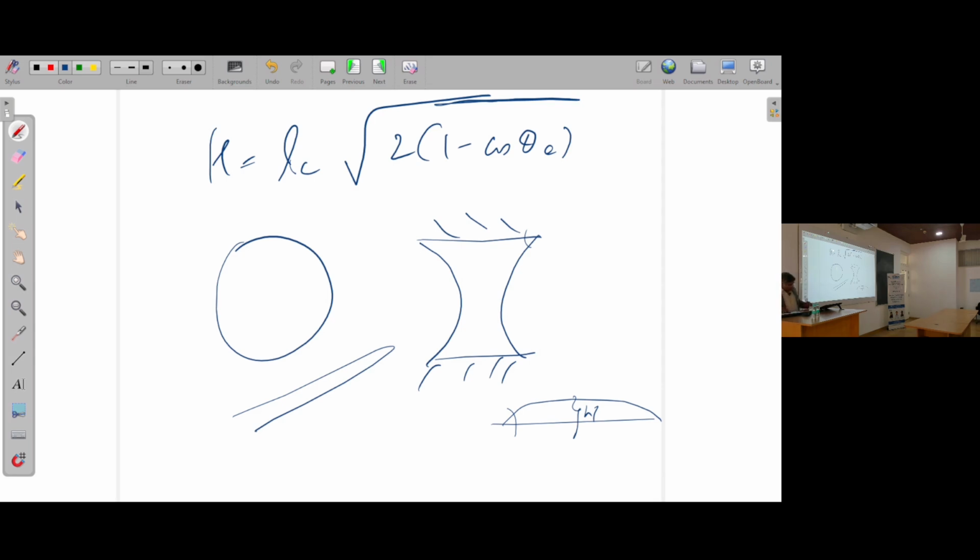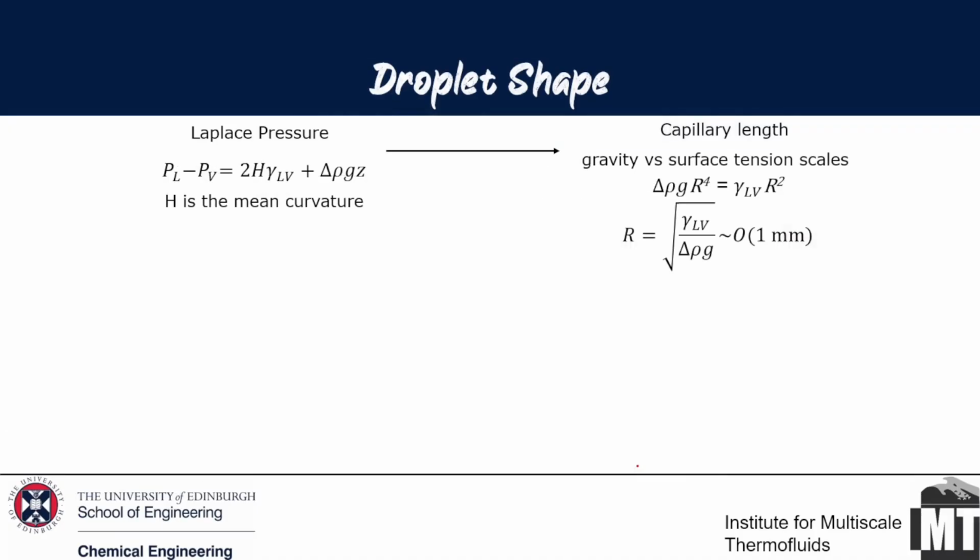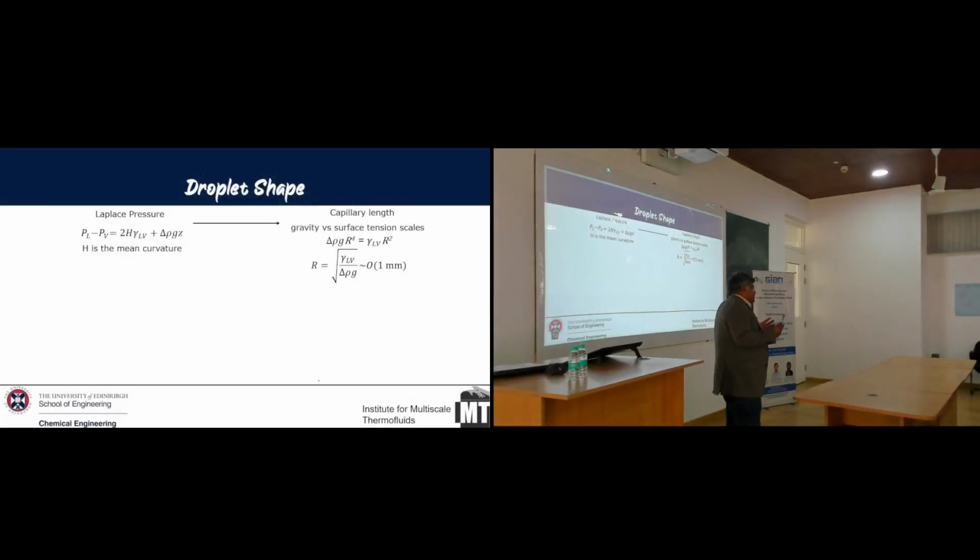So this is exactly what I mentioned. We have the capillary pressure and the capillary length. These are two important things. Capillary length is a very useful parameter. One interpretation is that it tells you the maximum size of a droplet before it starts to be affected by gravity.